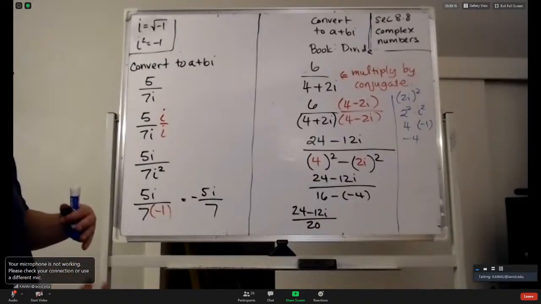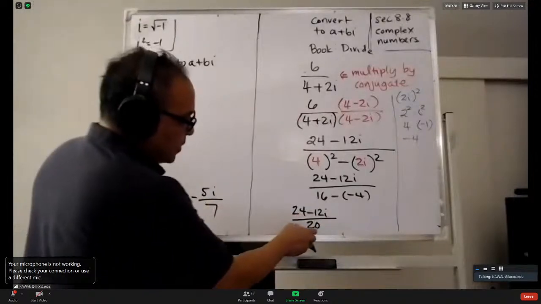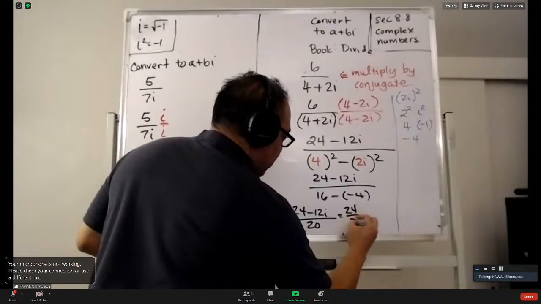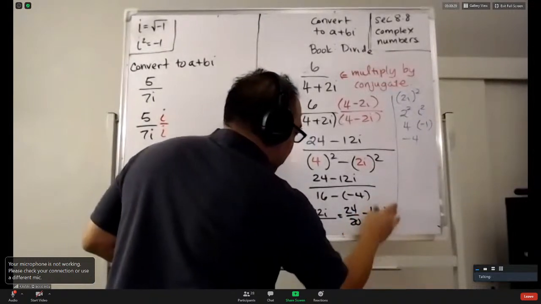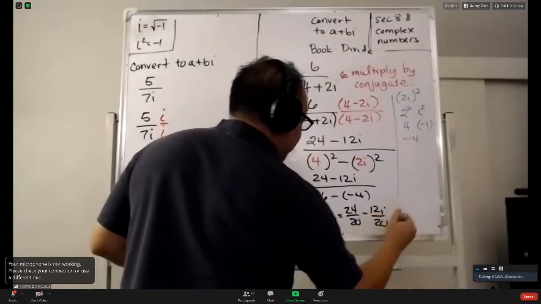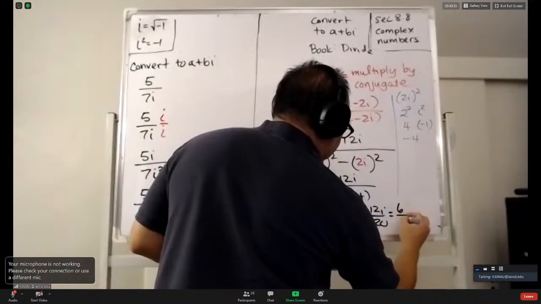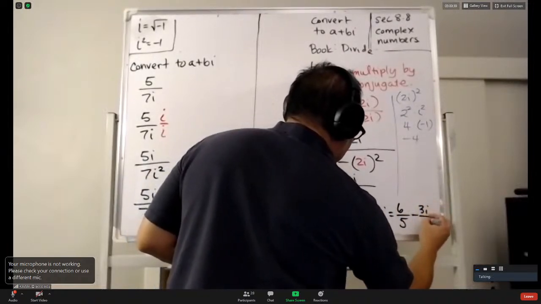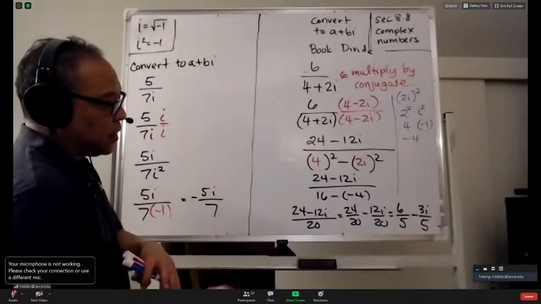Now, what you're supposed to do is make this into 2 separate numbers. So this is not okay. You have to break these up into 2 pieces, and then simplify each fraction separately. So they have to be a number plus or minus a number.